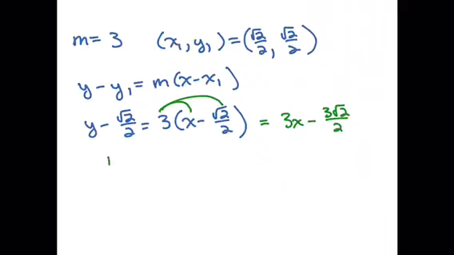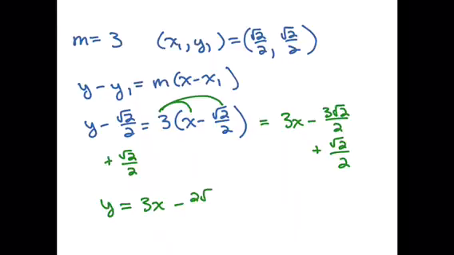And then we would have to add square root of 2 over 2 to both sides, giving me y equals 3x, well, negative 3 root 2 over 2 plus root 2 over 2 is negative 2 root 2 over 2, which can be simplified. And we end up with 3x minus the square root of 2.